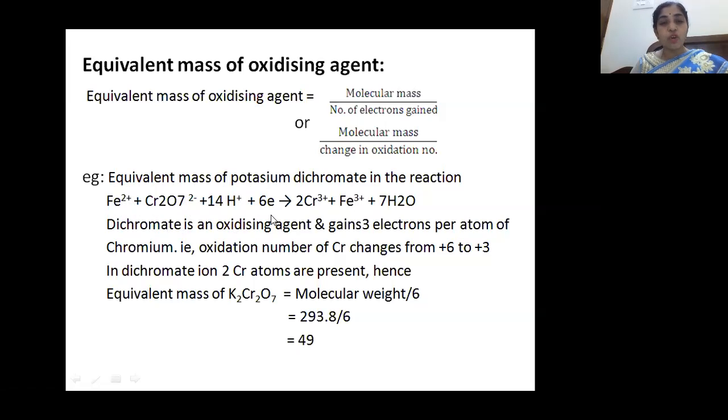So dichromate is an oxidizing agent and it gains 3 electrons per atom of chromium. That is, oxidation number of chromium changes from +6 to +3, that is 6 minus 3, the answer is 3. Since in dichromate ion there are 2 chromium atoms, you can see here Cr2, the equivalent mass of dichromate is molecular mass by 6, because 3 into 2 is 6. So the answer is 49.